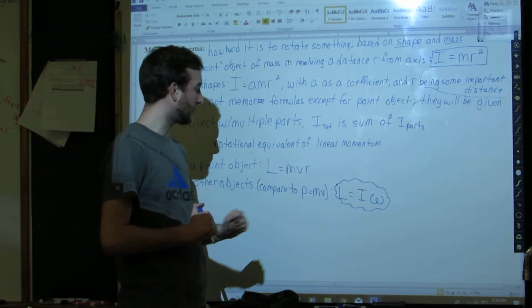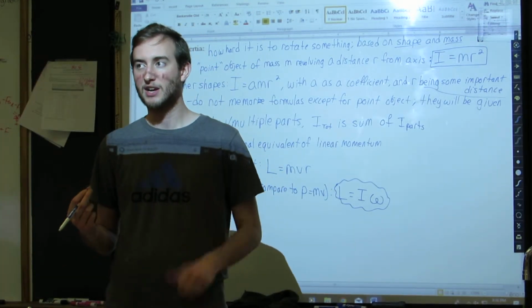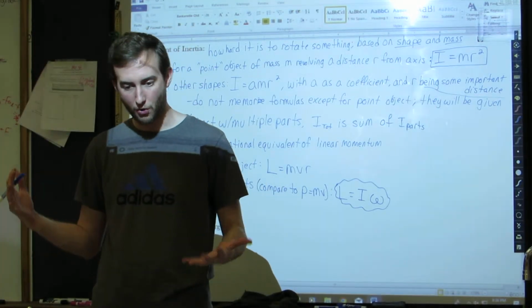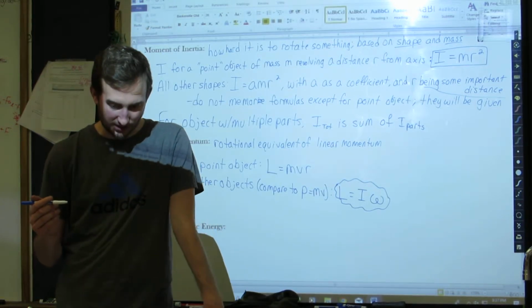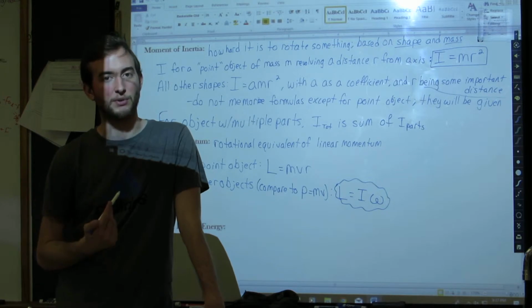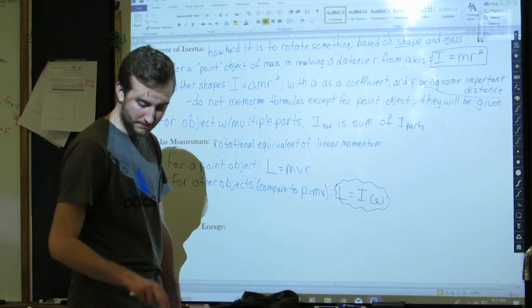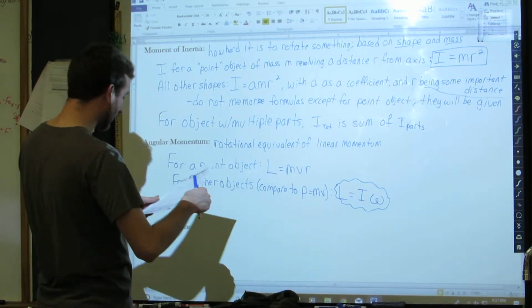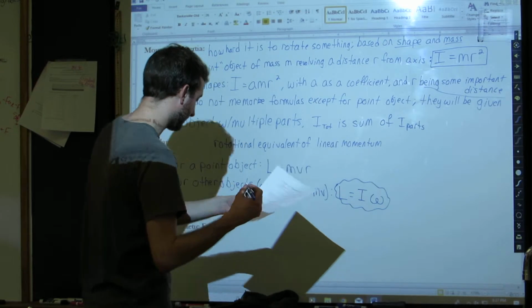One of the big things that we talked about when we talked about linear momentum was that if we have an object that has no net forces on it, then that object has its momentum conserved. The momentum does not change. Exactly a similar thing with angular momentum.